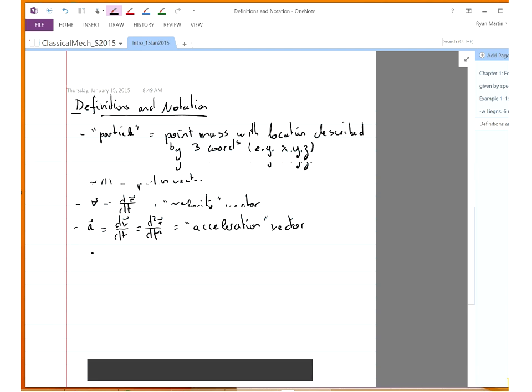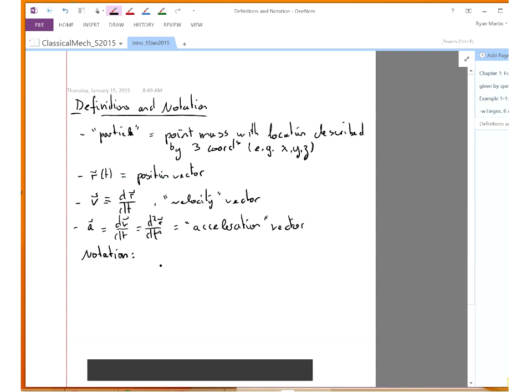So notation. We have a lot of d by dt's everywhere. In fact, even in the previous problem it was getting a little bit annoying to have d squared t's everywhere. So we're going to reserve the notation that d by dt of something we're going to replace by putting a dot.